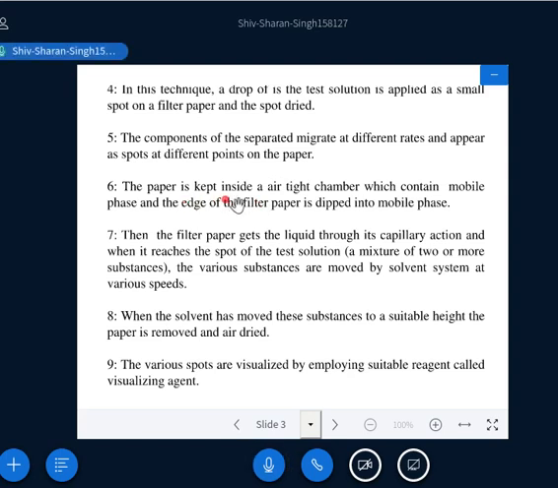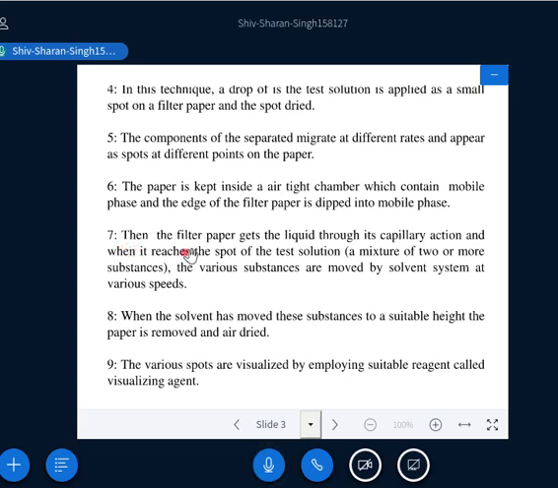Now the paper is kept inside an airtight glass chamber, which contains the mobile phase. The edge of the filter paper is dipped into the mobile phase, and keep in mind the spot where the sample is applied should be a few millimeters above the surface of the mobile phase.